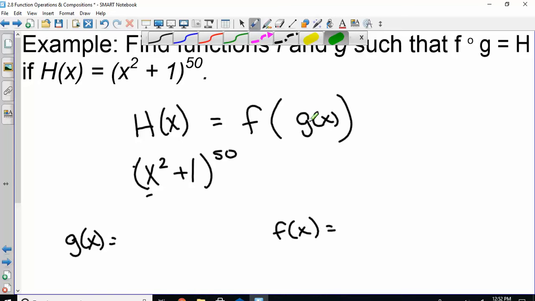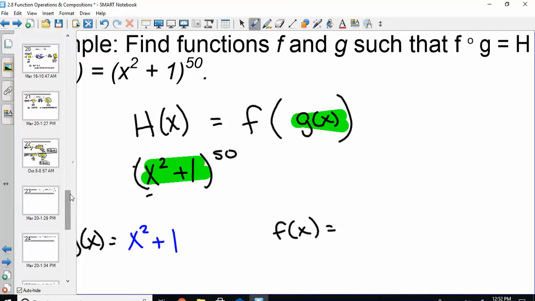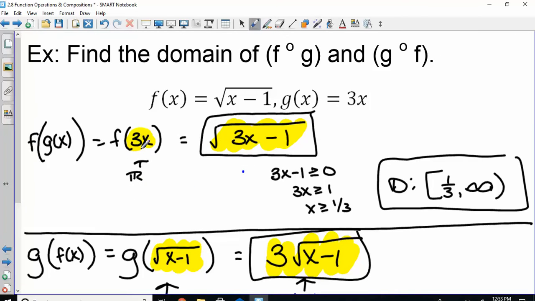What I usually do is just say, okay, g is the inside here. So what would be the inside of my final function? x squared plus 1. So that's my g of x. Now think about what you do when you compose functions. We take the thing we're plugging in and we replace the x with it, right?